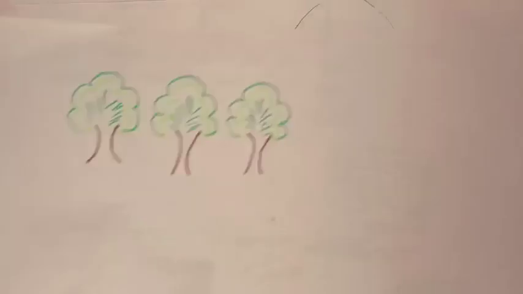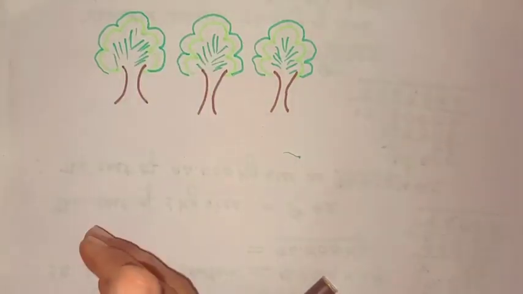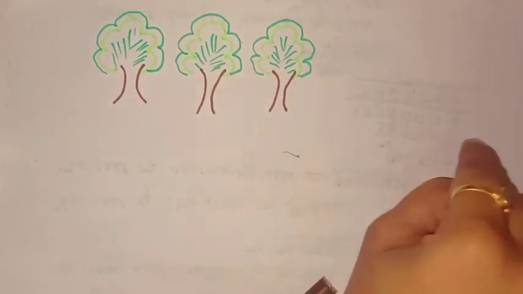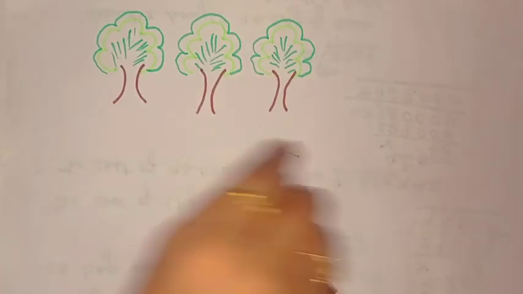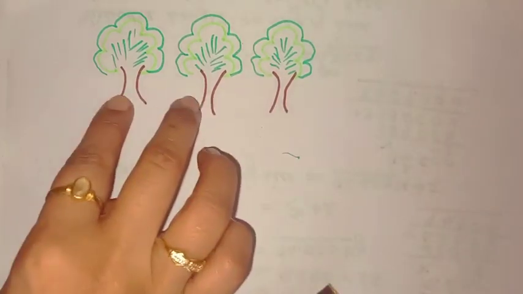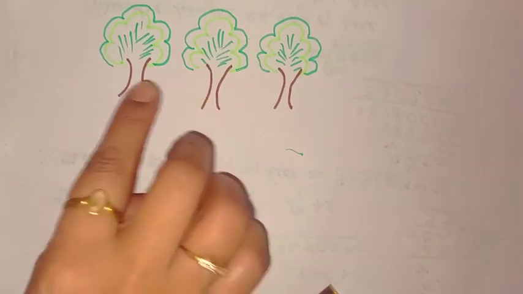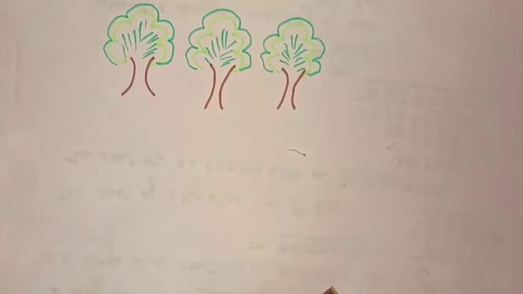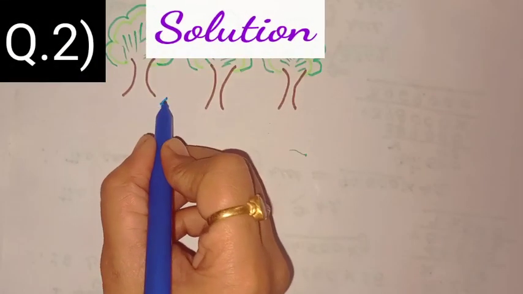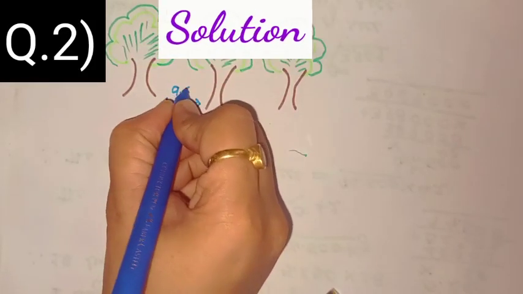So let us understand first. See, the trees will be there on both sides of the road. So here the road distance given is 4 km 800 meter, and the interval means the distance between two trees is 9.6 meter. Children, means between two trees the distance will be 9.6 meter.